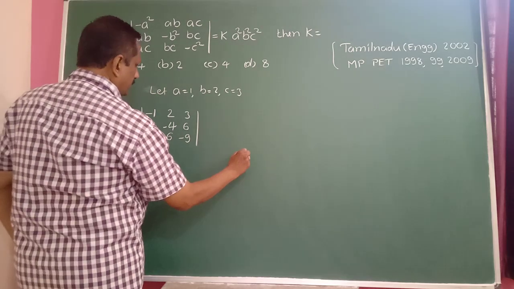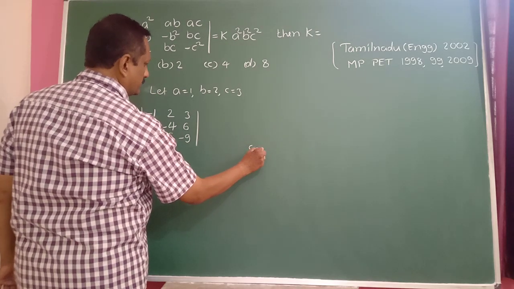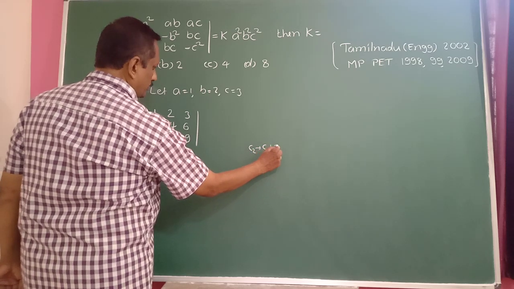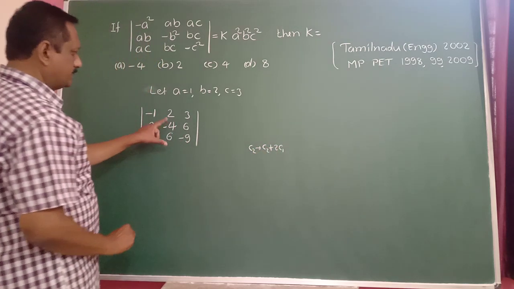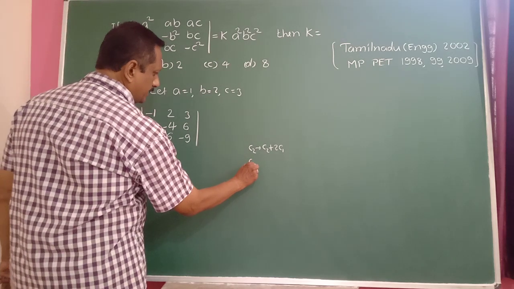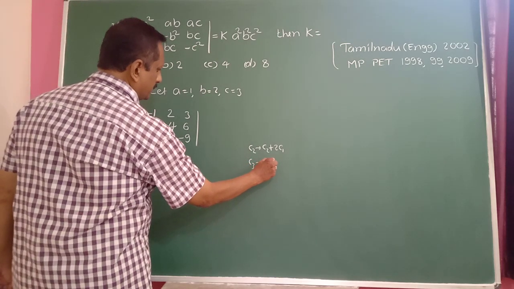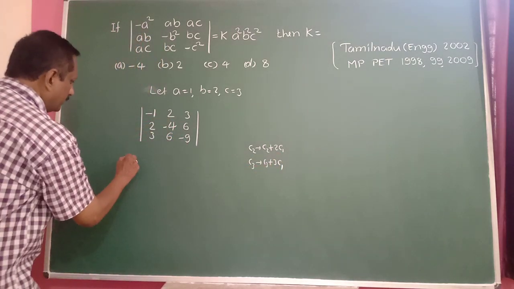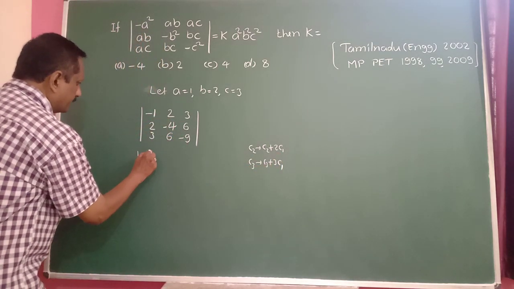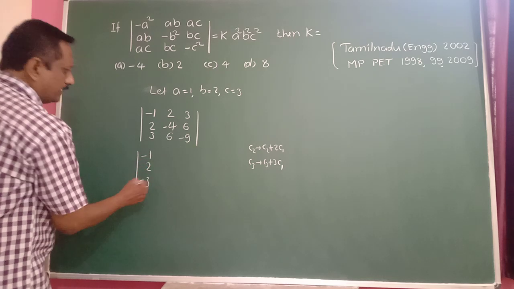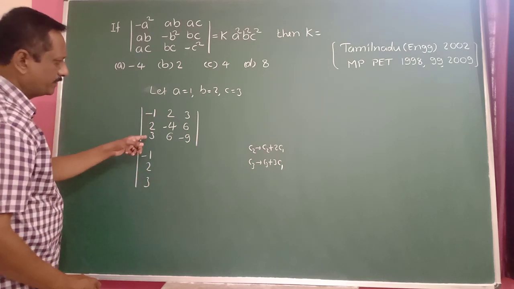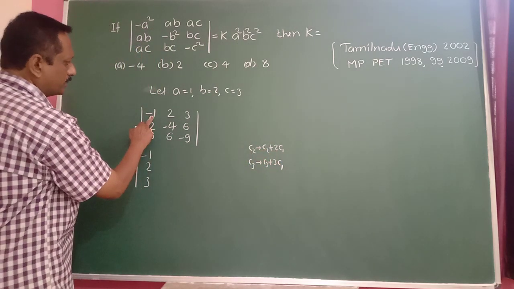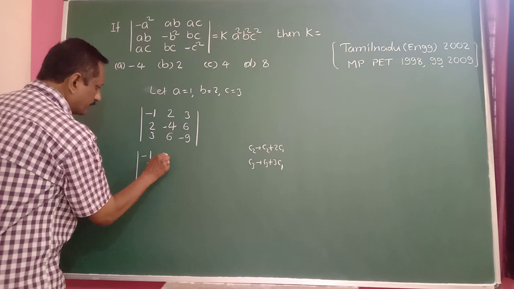Therefore, C2 gives C2 plus 2 into C1, then this becomes 0. Then C3 gives C3 plus 3 into C1, then this becomes 0. Therefore the first column elements are minus 1, 2 and 3 here. Multiply the first column by 2 and add to the second column. 2 ones are 2, minus 2 plus 2 becomes 0.